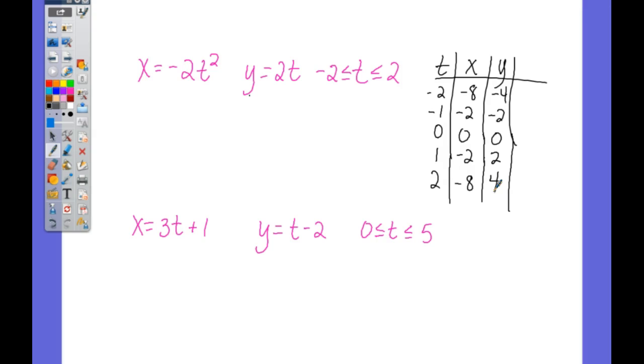Okay, so when we graph this, what do we have to do once we start graphing? You have to draw the arrows. So -8, -4.